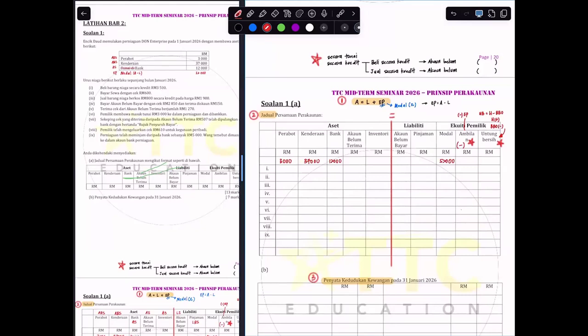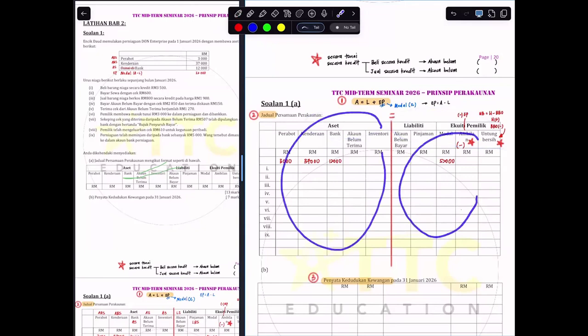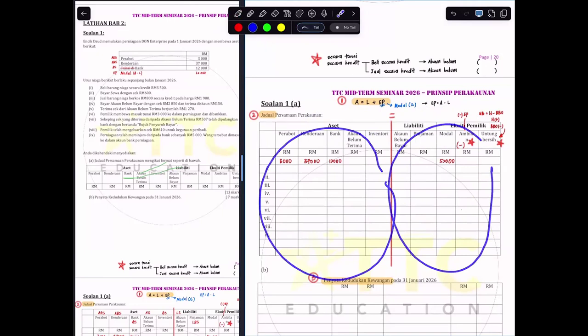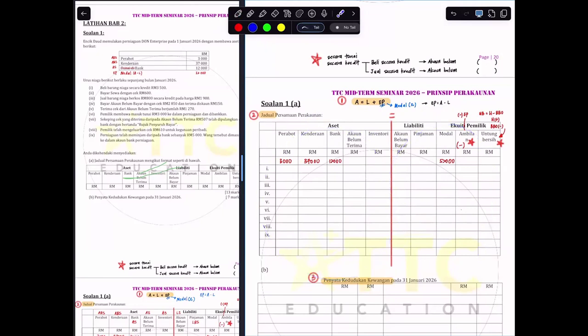Before we continue, remember the asset must be equal to liability and equity, right? That means we need to make sure left hand side equals right hand side. That's why I purposely draw a line, easier for us to check whether left hand side equals right hand side or not. The totals of left and right hand side must be the same, and for every transaction left and right hand side must be the same also, right?